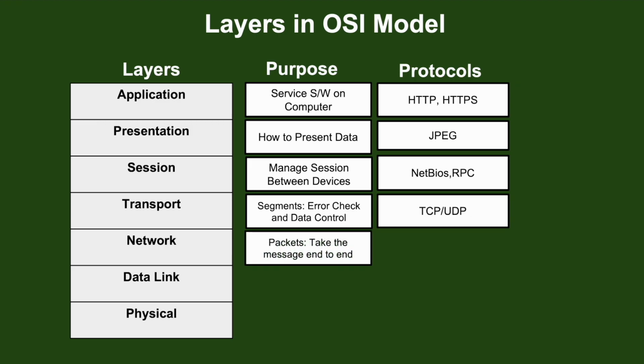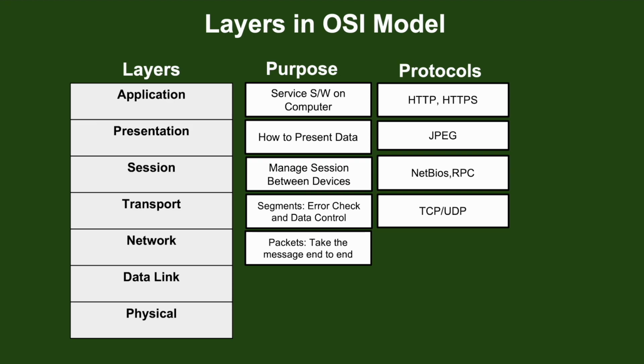Coming to the network layer, the segments presented in the transport layer get encapsulated into something called packets. At the network layer, we call them packets, to be precise, IP packets.